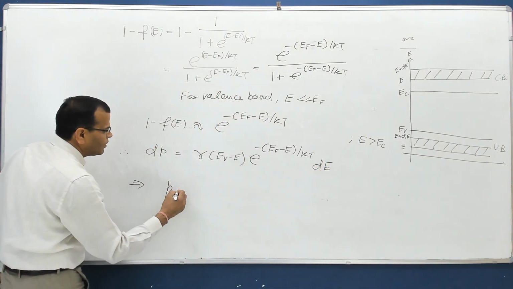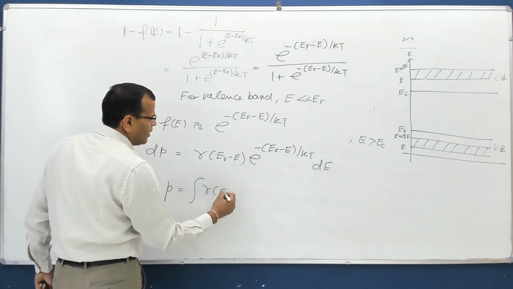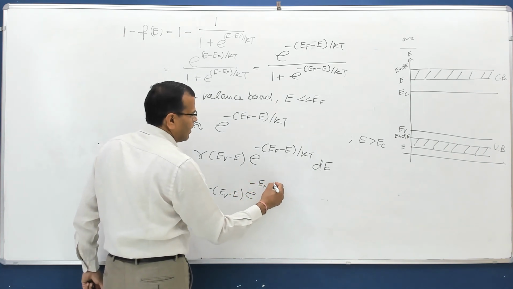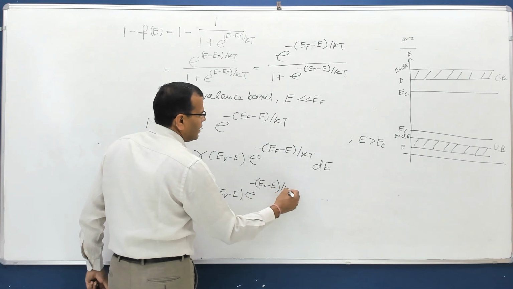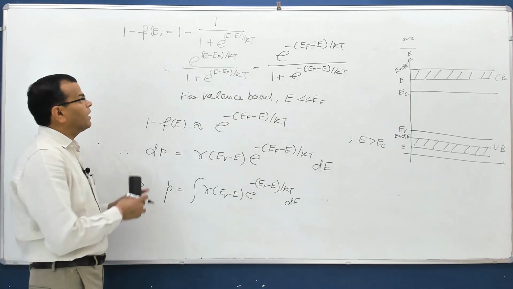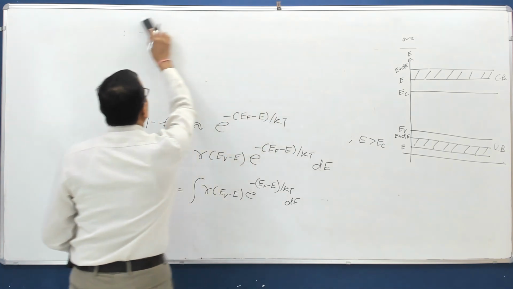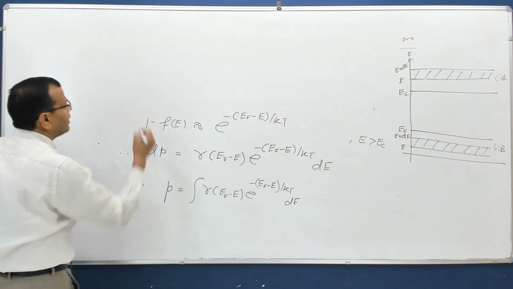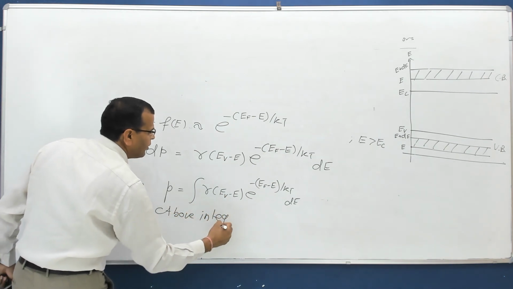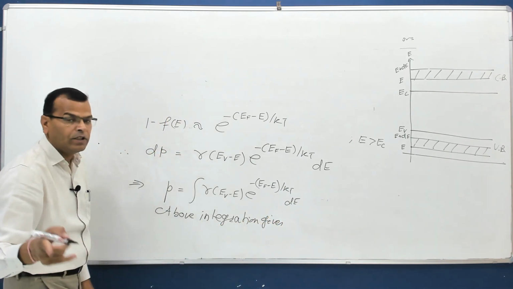The concentration of holes in valence band will be equal to the integration of gamma (Ev minus E) raised to power minus (Ef minus E) by kT into dE. And again, just like the previous case, that derivation is not that important.